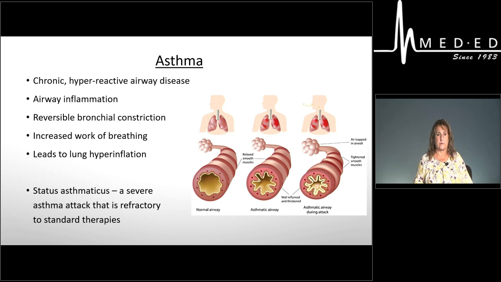So that middle picture is an asthma airway under normal circumstances, and then the picture on the right is an asthmatic patient during an attack. That smooth muscle tightens down and causes that airway to get severely restricted. And so if you can imagine all that air going in and out through those little tight spaces, you hear that wheezing. That kind of makes sense.